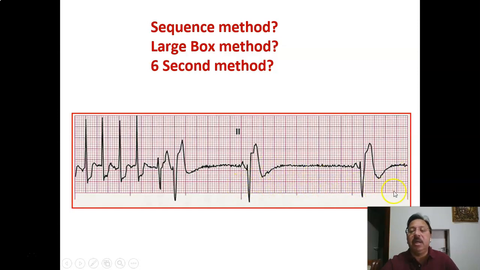From here till here are 15. So we don't have a complete 6 seconds, but we have a 3 second strip. So how many RR, 1 and 2 R? So here instead of multiplying by 10, we'll multiply by 2. So 2 RR intervals times 2 is 40, the heart rate.